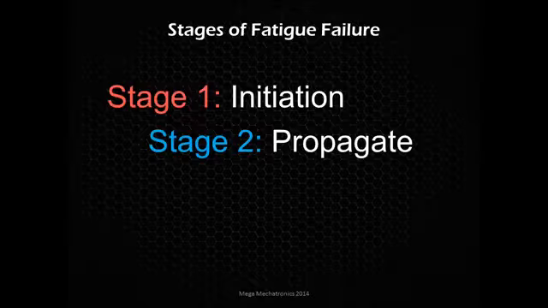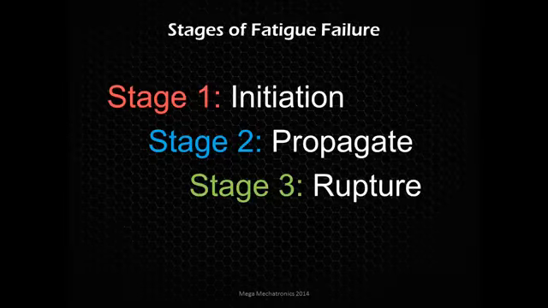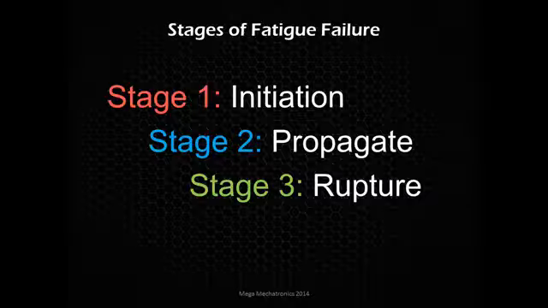But depending on the material and the size of the load, it could take 3 cycles or it could take 50,000 cycles. But every time you're loading, that crack's getting bigger and bigger, and that's the propagation stage. And then the spectacular ending would be the rupture, when we get our catastrophic, complete failure, where the part breaks or bends or collapses.